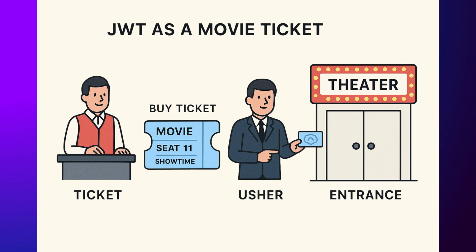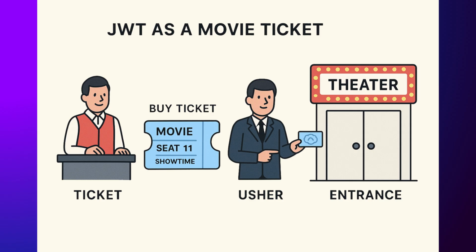Once you have the ticket, you don't have to go back to the cashier every time you go into the hallway. You just show the ticket. The usher can quickly verify it by checking the stamp. And then the usher doesn't have to call the cashier to confirm; it's self-contained.